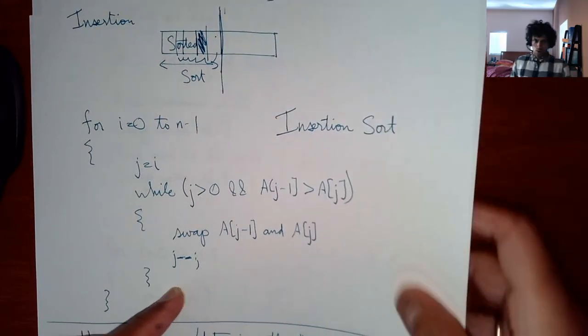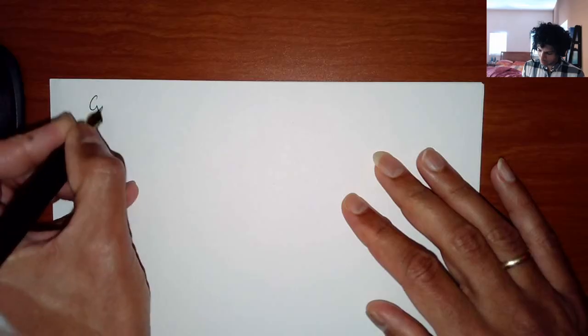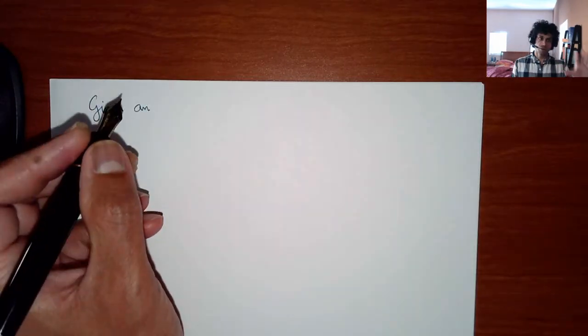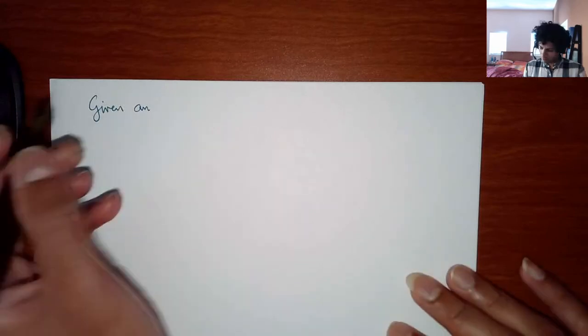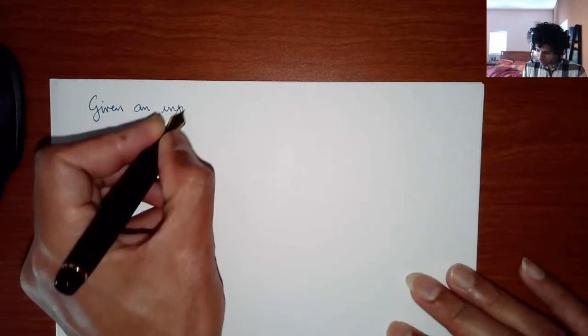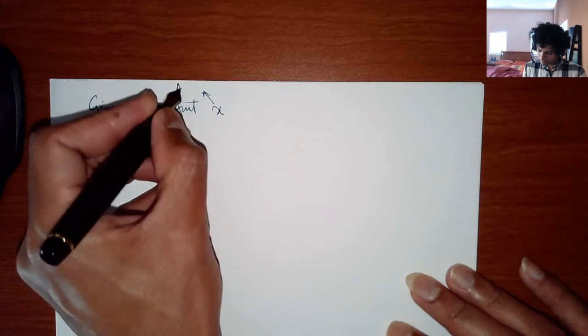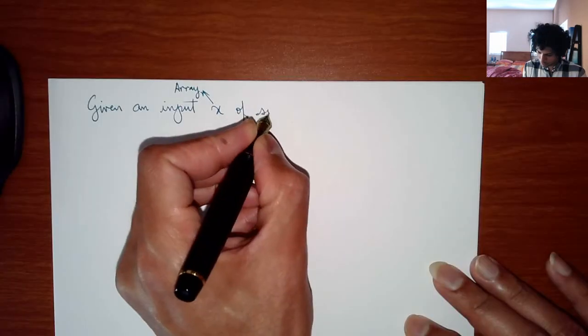So what we're going to do is say, given, and I want to keep sorting in mind. Now that you have these sorting algorithms, you know the problem of sorting. So given an input x, think of x as the array, which we called a, but I want to call it little x, of size n.